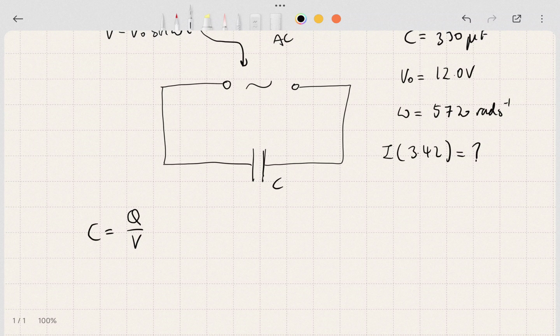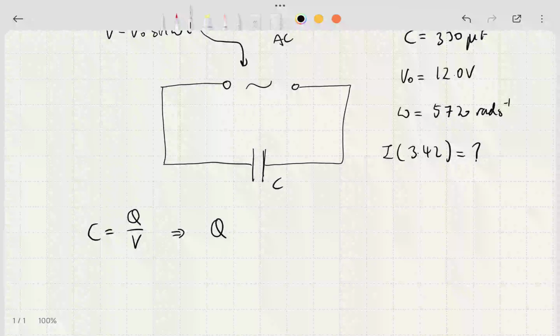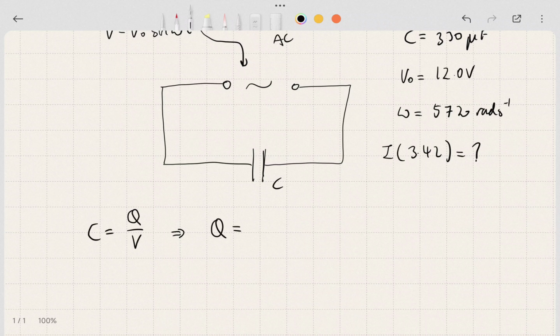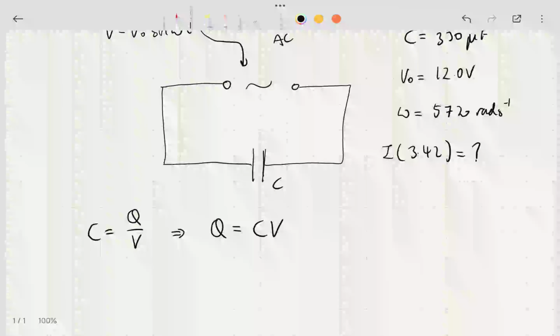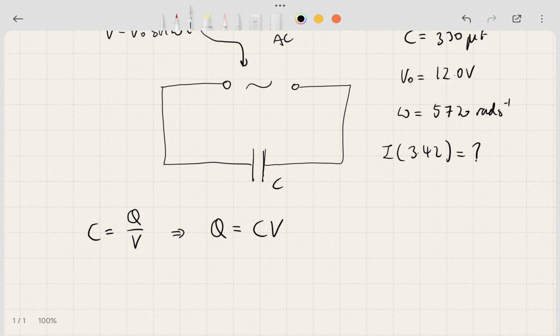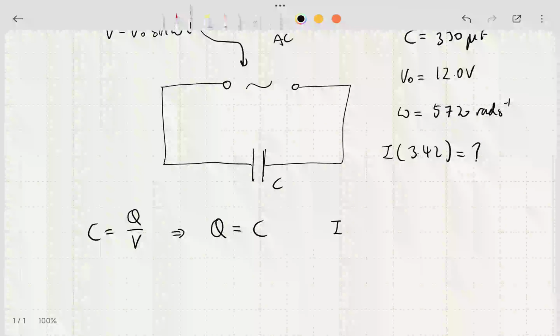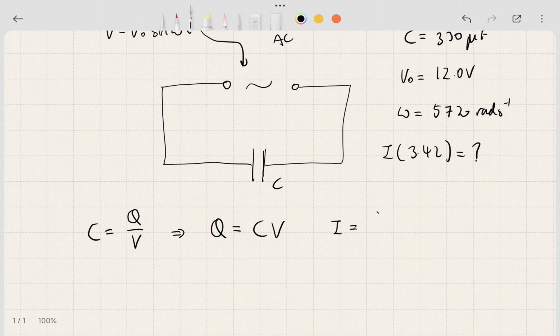and so we know that the charge accumulated on the capacitor is going to be equal to capacitance times the voltage, and we are interested in knowing the magnitude of the current. To find it, we know that the current is defined as the rate of change of charge.